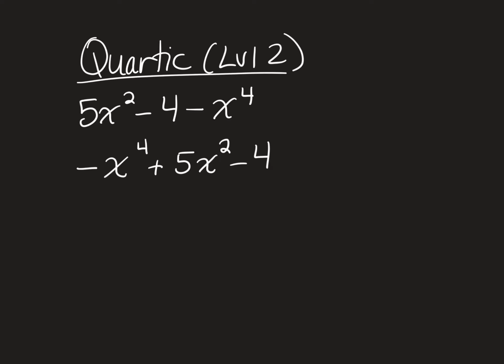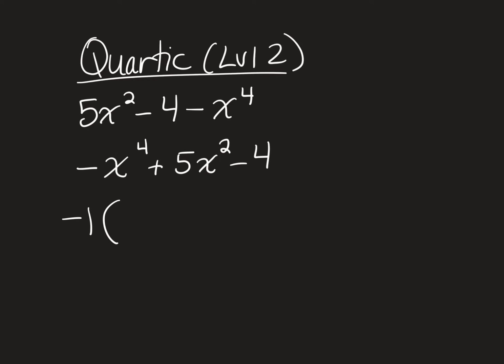Now, I hate when my leading term, my term that has the highest power, has a negative sign in front of it. So here's what I'm going to do. I'm going to think about this as -1 could be a greatest common factor that I can actually factor out. So I'm going to start with that.